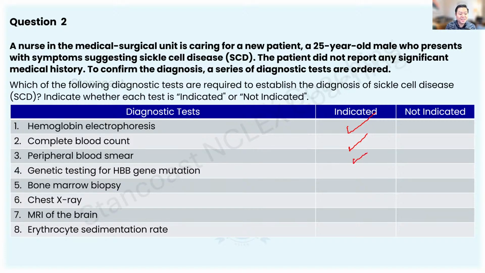What about genetic testing for the hemoglobin B gene mutation? Yeah, remember? It confirms the presence of the mutation. Genetic testing will be indicated.